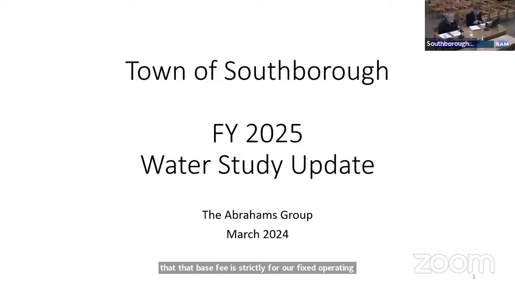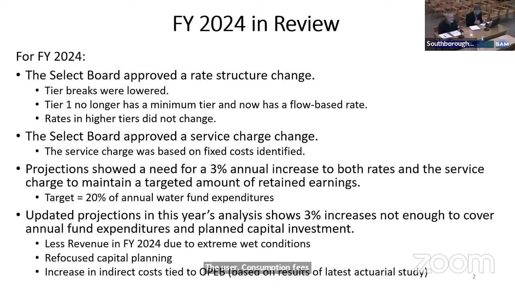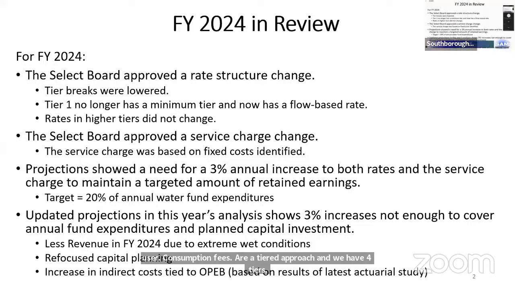The user consumption fees are a tiered approach, and we have 4 tiers based upon how much water each user uses. The first tier, 0 to 1,000 cubic feet, is a lower tier, and as we go up each tier, the consumption rate goes up.